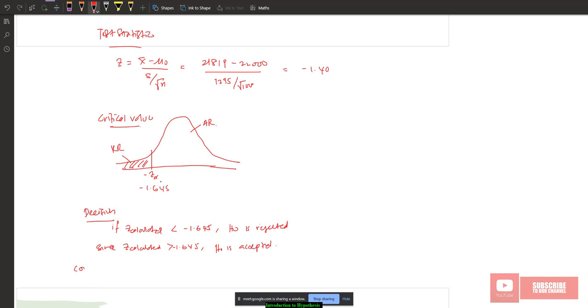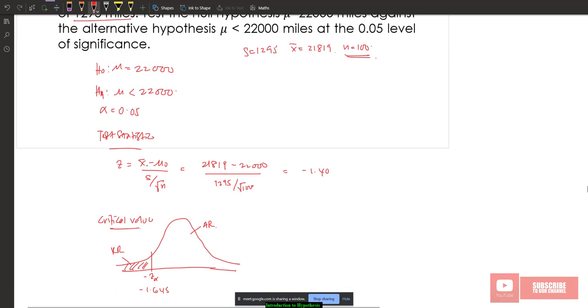So what is the conclusion? There is no real evidence that the tires are not as good as assumed under the null hypothesis. That is how we interpret or conclude the hypothesis statement.